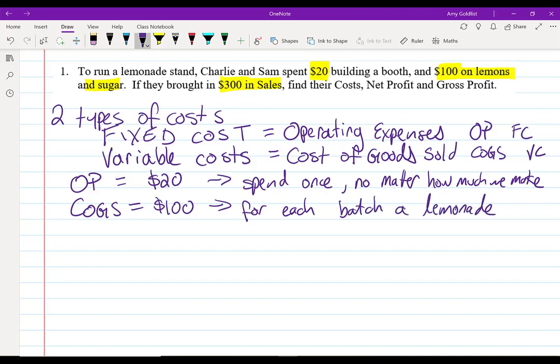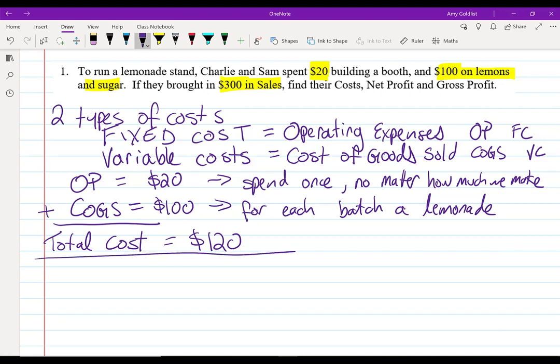So every time we make a batch of that much lemonade, we're going to have to spend an equal amount of money on lemon and sugars. So what's our total costs? $120, or 100 plus 20. That is our two types of expenses.